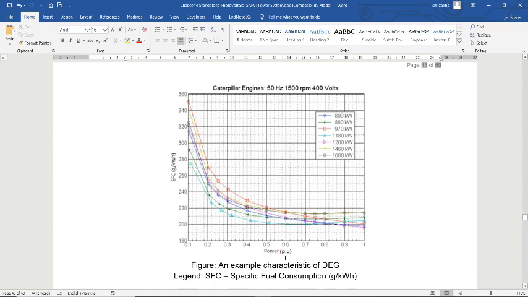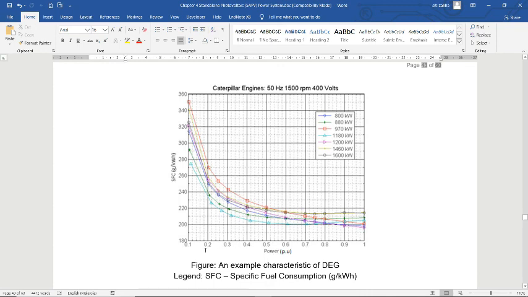At low power, let's say at 0.3 per unit of power, the fuel consumption is quite high compared to this machine, the blue color, which is 1180 kilowatt at 0.3 per unit power.